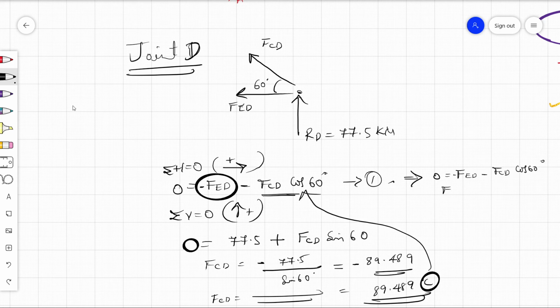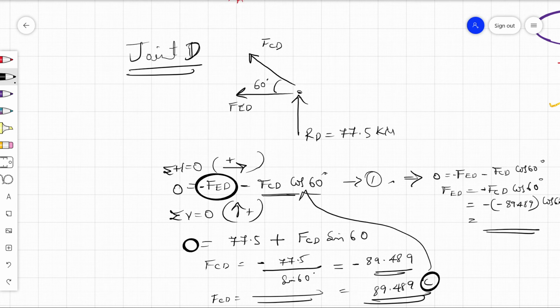That is, FED is equal to minus FCD cos 60 degree, right? We know that the value of FCD is negative, which is minus 89.489 into cos 60 degree.